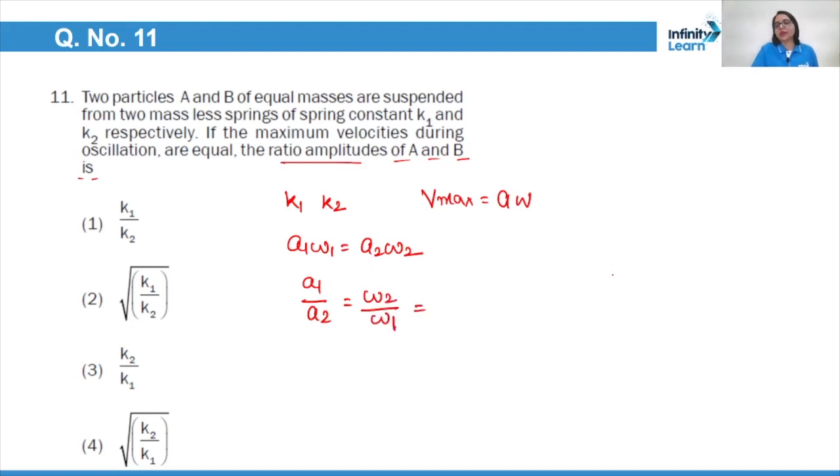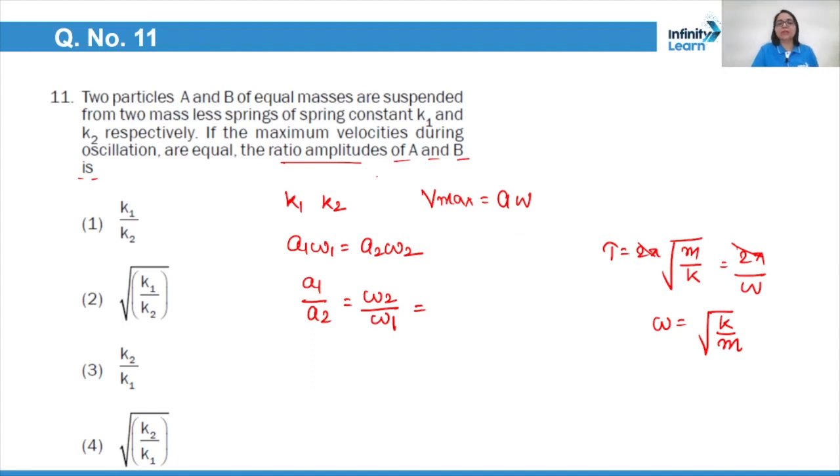Right? And you can write the time period in this case as 2 pi under root m by k, which is equal to 2 pi by omega. 2 pi cancels. So we can have omega as under root k upon m. Right, so for the first particle, you can write omega 1 as under root k1 upon m and omega 2 as under root k2 upon m.